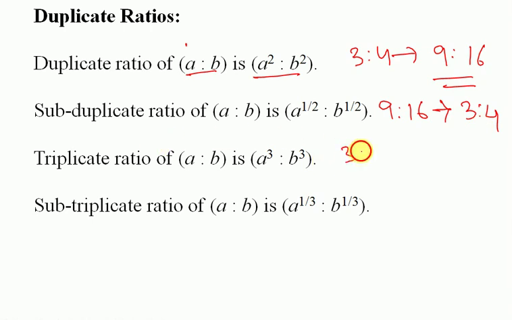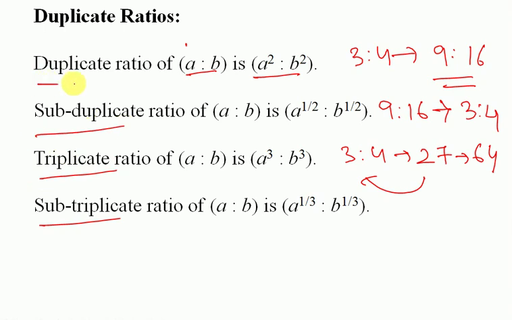If I say 3 and 4, then 27 is the cube of this, 64 is the cube of this, and the reverse of this will give you the subtriplicate ratio. Again these are small terms: duplicate, subduplicate, triplicate, subtriplicate. You should know these. Sometimes they can ask, though it is very rare, but you should know the terminology. So these are the basic things. Again, either you can pause the video and take a screenshot, or note this down in your copy.